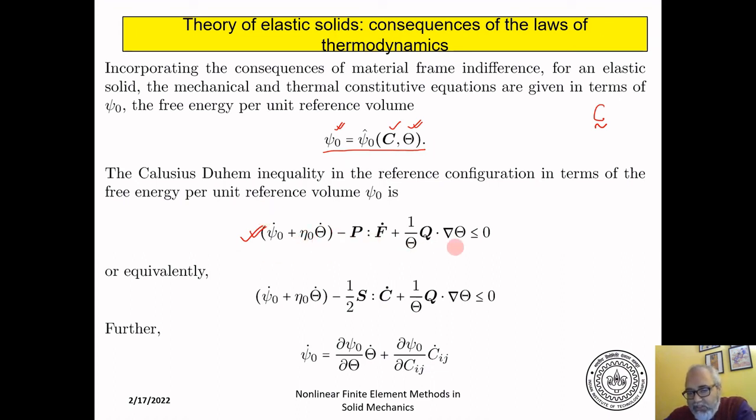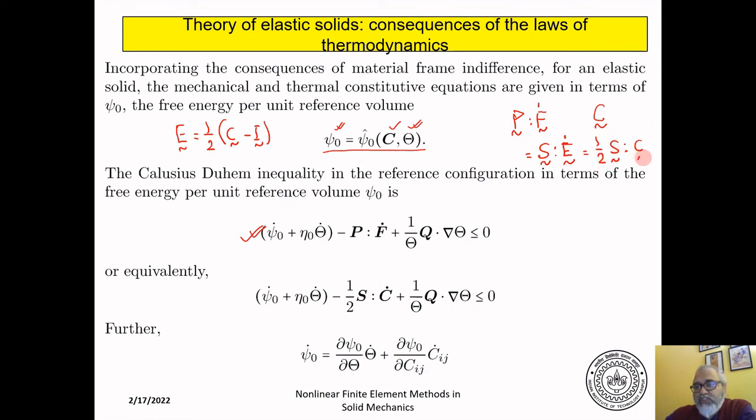We have derived it before, and we also have derived the fact that P times F dot is equal to S times E dot. However, we are writing things in terms of C, so we just use the equation E equals half C minus I, which means E dot is half C dot. So this is equal to half S times C dot.